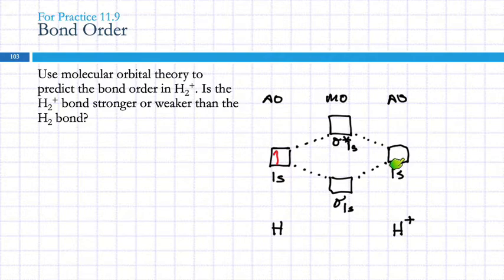So it has no electron here. So we've just got one electron. We go to put it in the molecular orbitals. It's going to go down there. So what's the bond order? Well, the bond order is the number of electrons in bonding orbitals, 1, minus the number in antibonding orbitals, 0, divided by 2. So this is a bond order of 1/2.